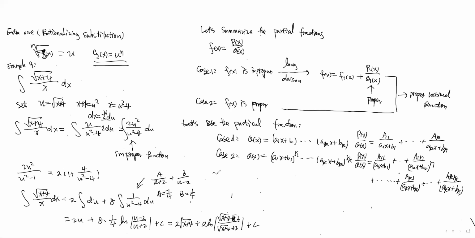This is case 2. Case 3: if q(x) contains an irreducible quadratic form like a1x squared plus and so on, there are many cases. It's hard to write that term if you look at the textbook.